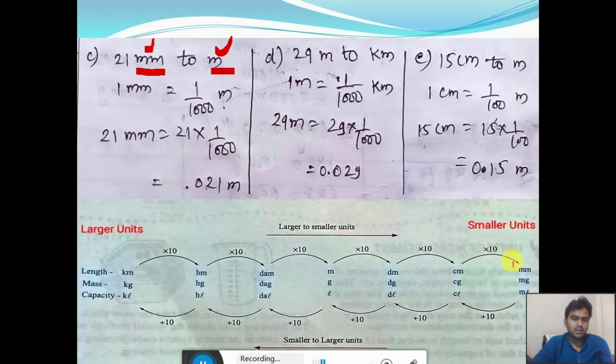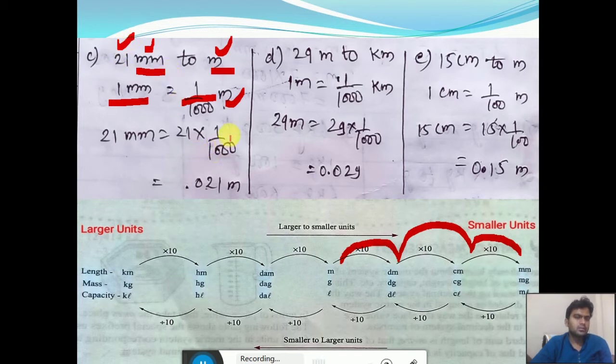How many jumps do we have to move? 1, 2, 3 jumps. So 3 jumps means 10 into 10 into 10 equals 1000. So we have to write 1 millimeter is equal to 1 upon 1000 meter. So multiply the given number 21 into 1 upon 1000.